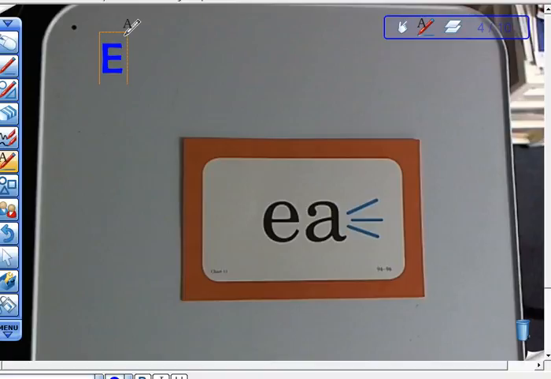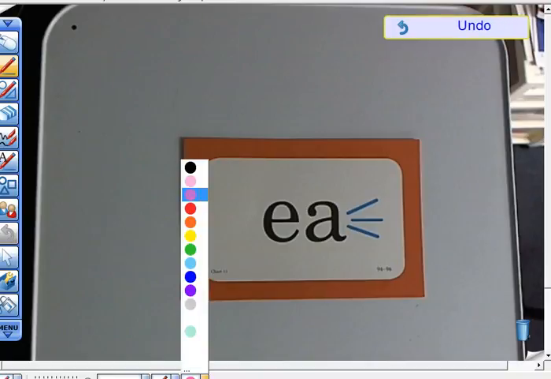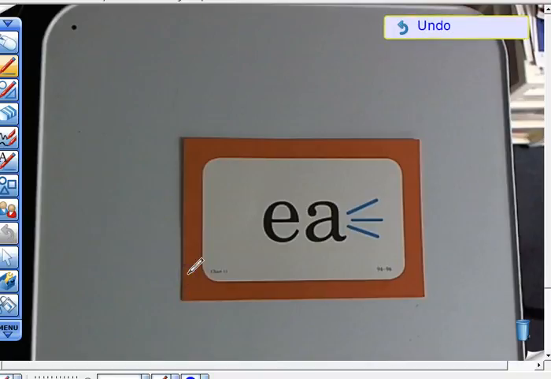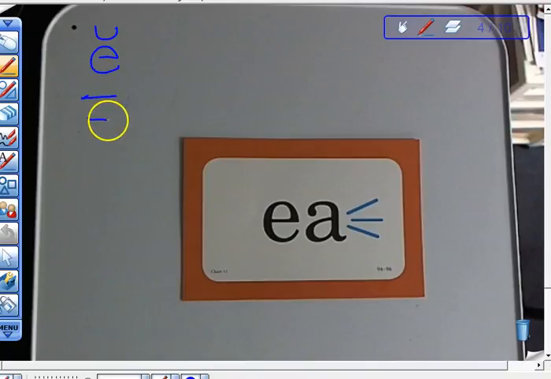E. Oops. Let's get rid of that text pen up here. We can have that, and now I've got a different color. I need to have a darker color up there. Okay, so I can have a short E, I can have a long E, and it can also make what other sound? A long A sound. E, A.